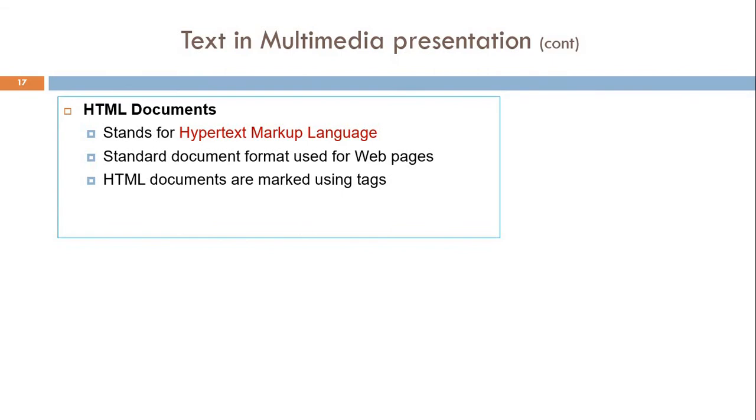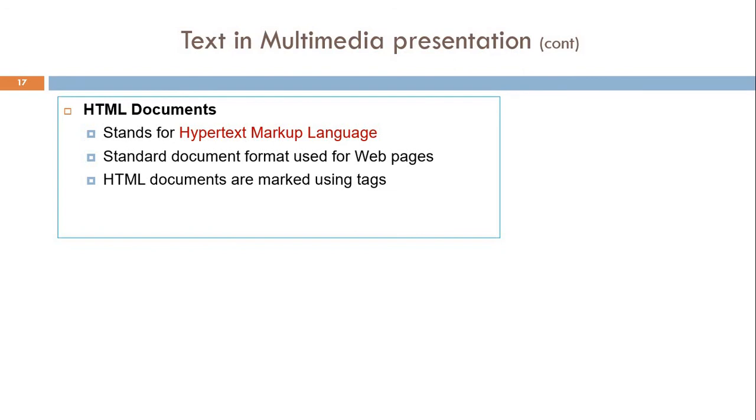All Internet browsers, such as Internet Explorer, Google Chrome, Mozilla, are capable of displaying any document placed on the Internet. Therefore, we need the hypertext markup language, HTML, to create documents that can be viewed in any Internet browser. HTML documents are the standard document format used for web pages and are marked using tags.